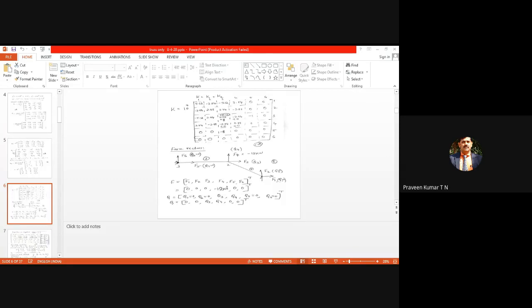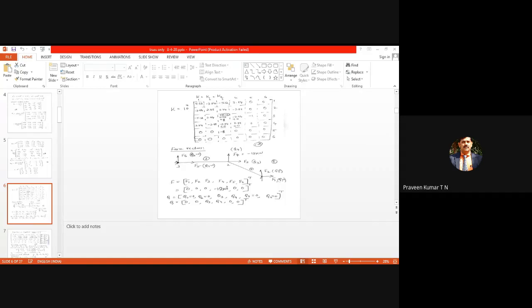Here some pet names are common, some other names you might have given. Instead of Praveen Kumar TN, I might have given TN Praveen. That's all, like that. So those who joined through other mail IDs, enter your name as well as the USN number. Those who joined this session through the college mail ID or bmsit.in, if you enter your USN number, that's sufficient.